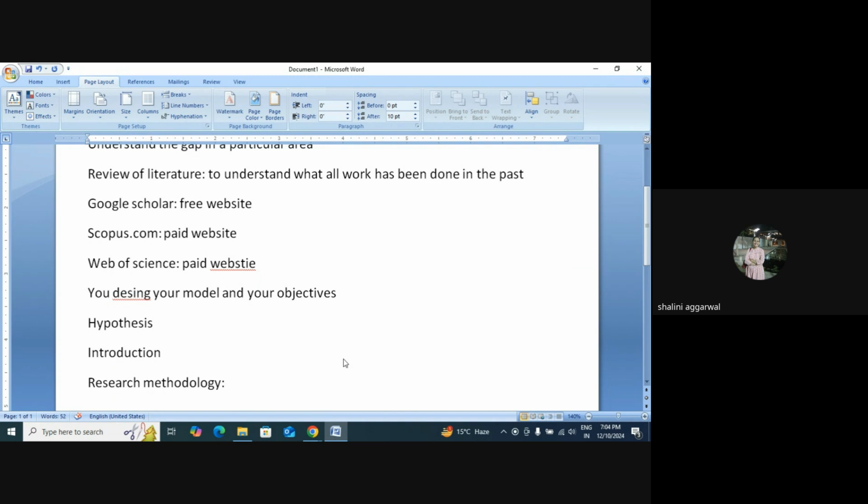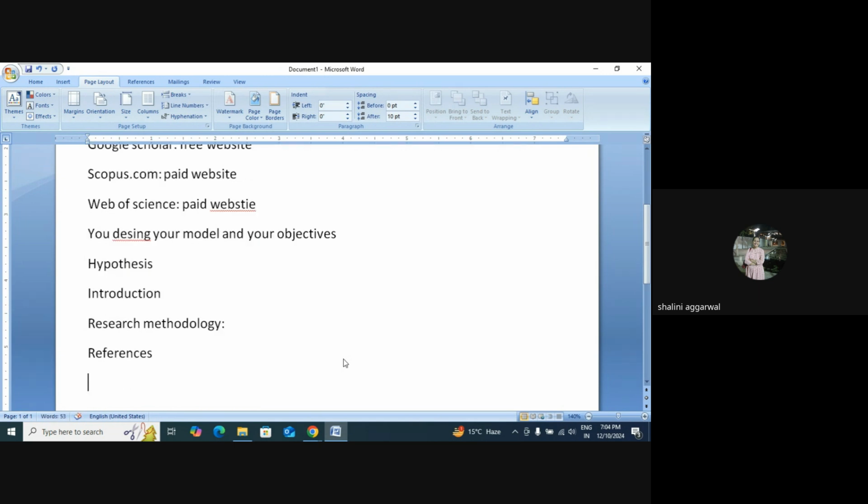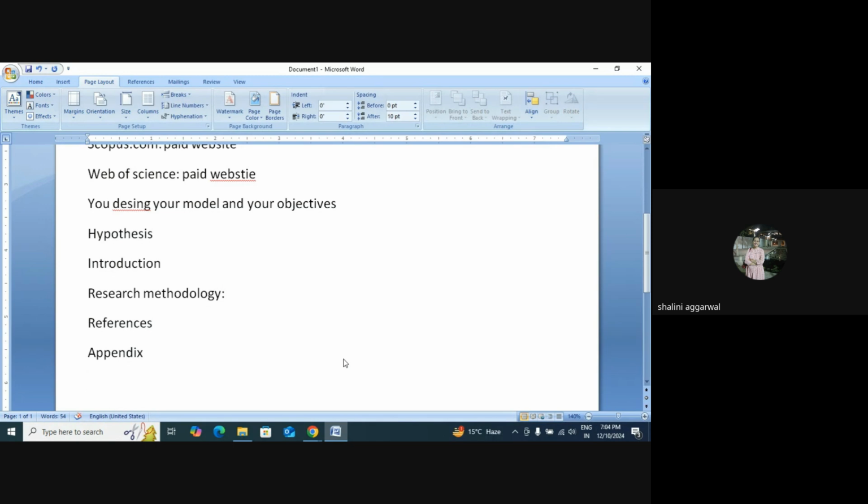Because we are just telling what softwares, tools and techniques we are going to use, what our sample size will be, and what the area of the study will be. We just give an overview here. And lastly, of course, the references and appendix if we have something to add. So this is how we design our synopsis.